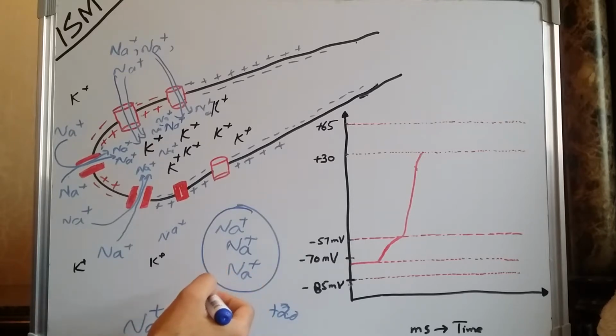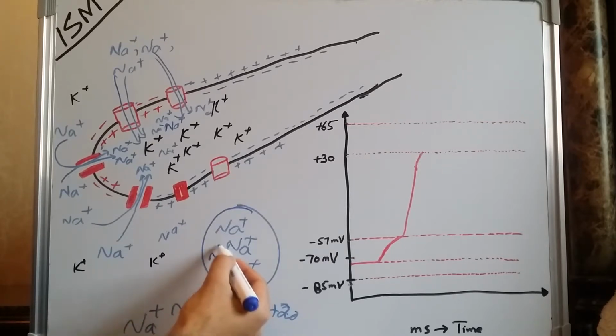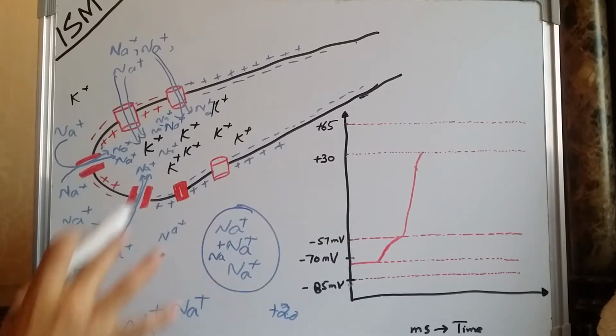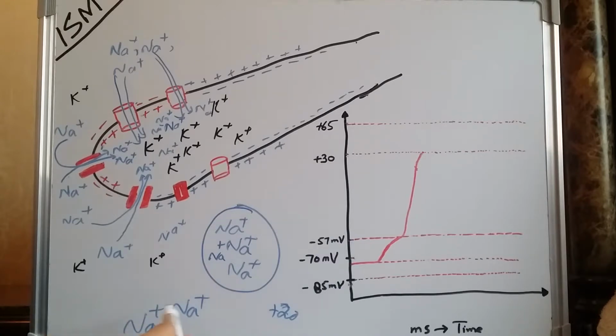Whenever, what happens at this membrane? Suppose there are four sodium inside and two sodium outside, so the potential difference is plus 20.